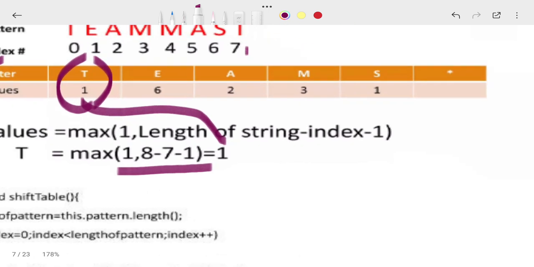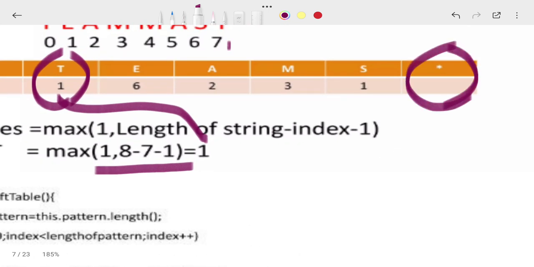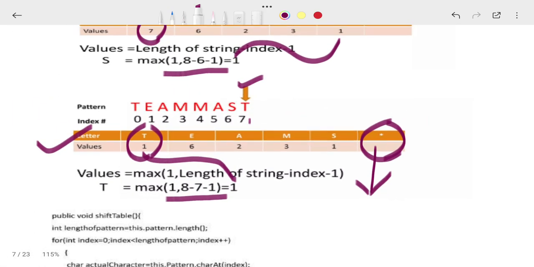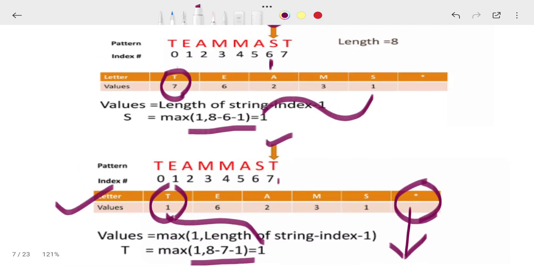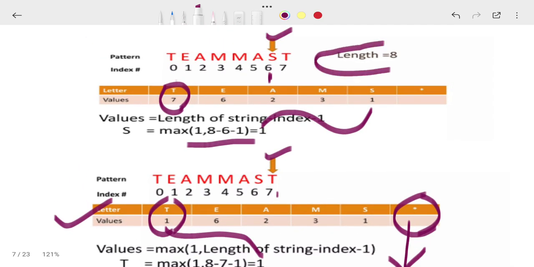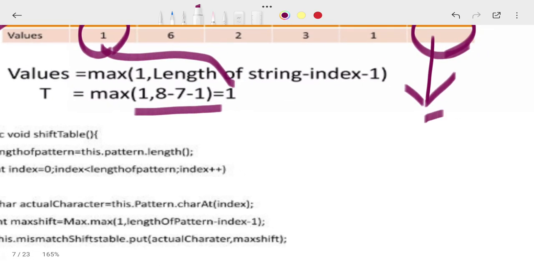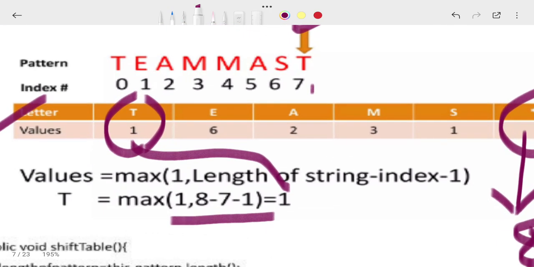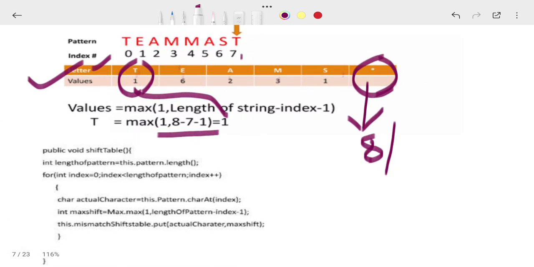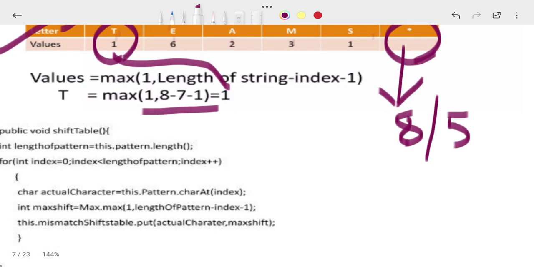Now at last there is a star. What is the meaning of this? This is the length of my string. Some people write that the length of the string is equal to 8. Either you can write 8, or you can write the updated value, 5.